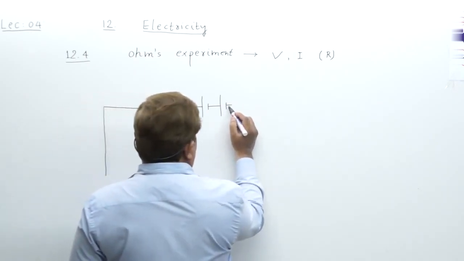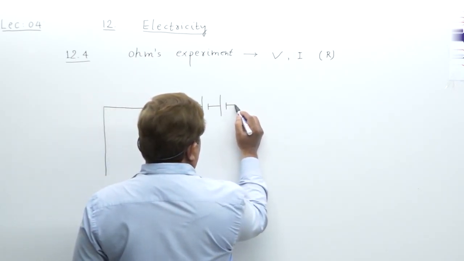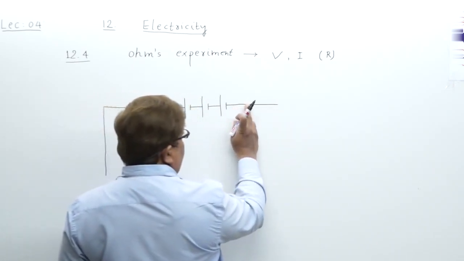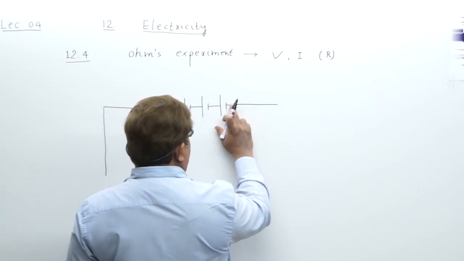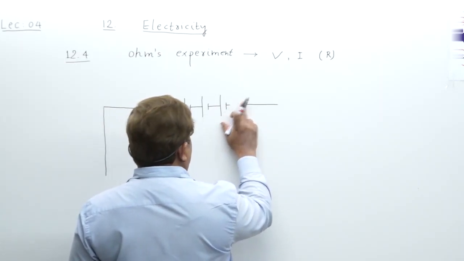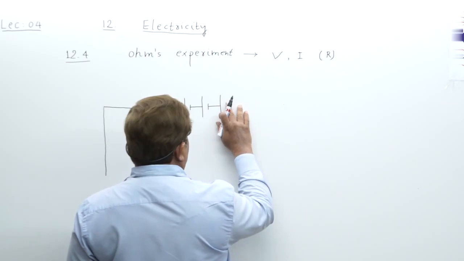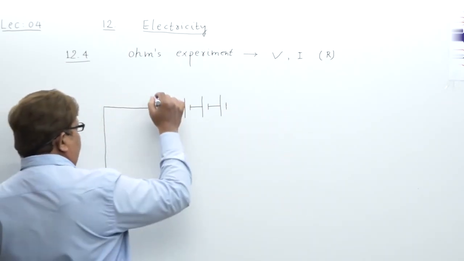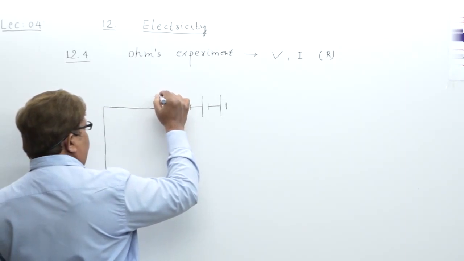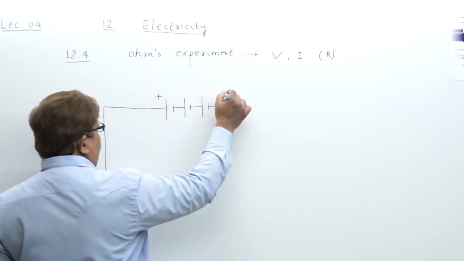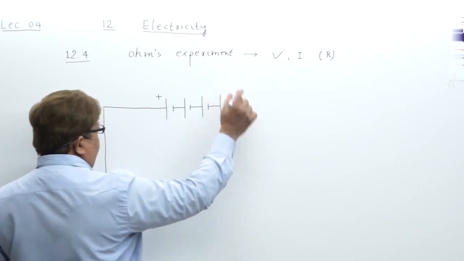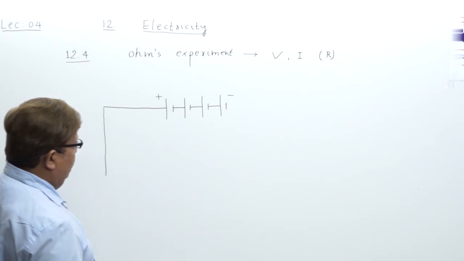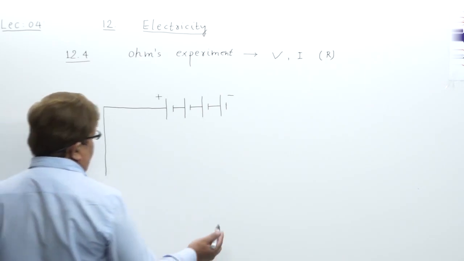So the battery we have shown. Obviously, you can understand this is the positive electrode, and this is the negative electrode.